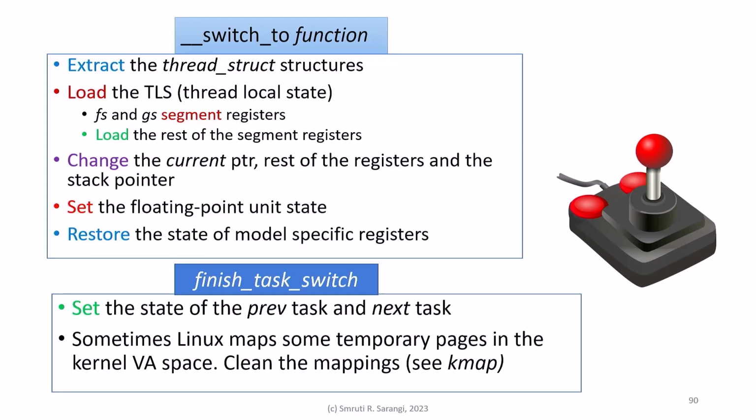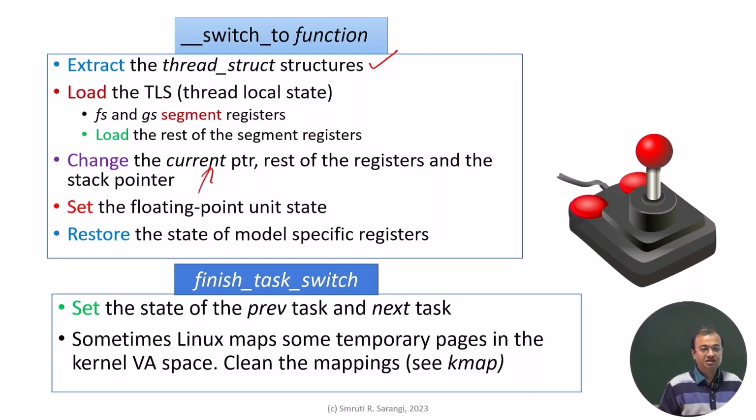So the switch_to function that we are discussing basically will do some of this stuff, and it will also do more. It will extract the thread structures which have additional context. For example, the thread local state, the segment registers, all of those things will be switched. The current pointer, which points to the current task, will be switched.